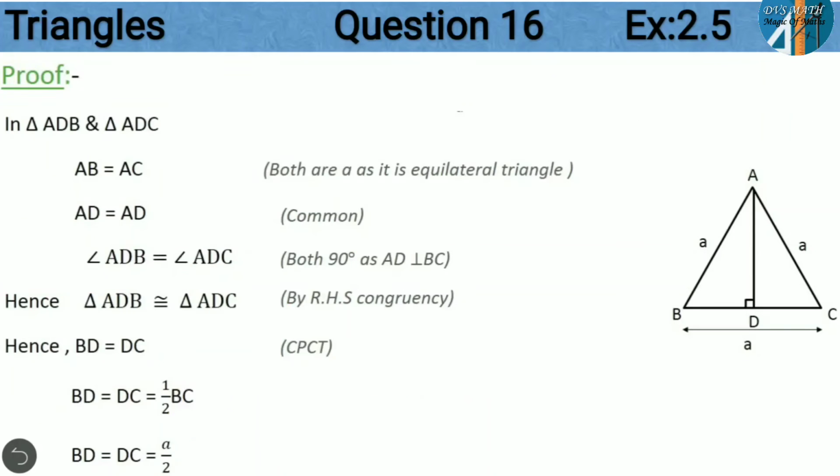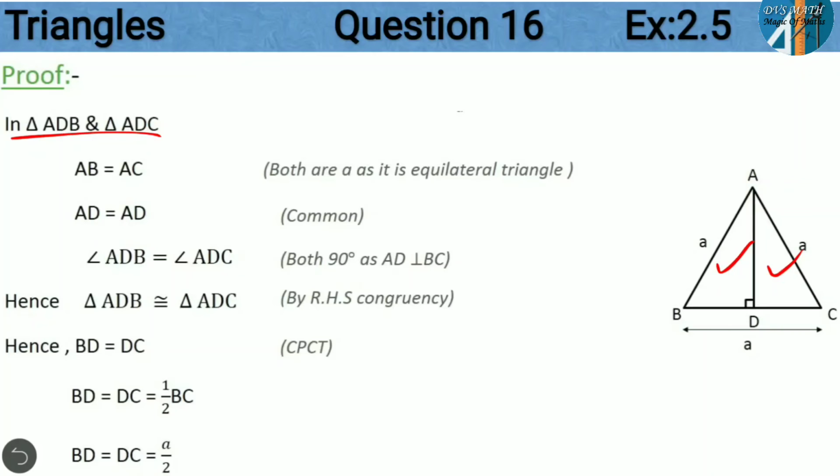So let's move on to the proof. First, observe this. First we have to show these two triangles are congruent, to find that the bases are equal. As I told you, here you can use RHS or directly you can write the statement: if you draw a perpendicular, the base is divided into equal parts. But generally, as we are proving this, you can take RHS. Take ADB and ADC separately.